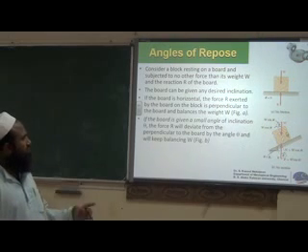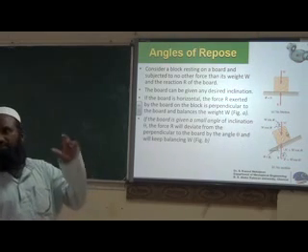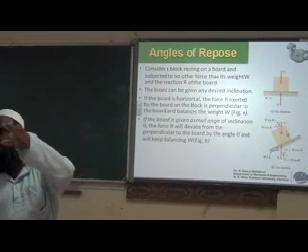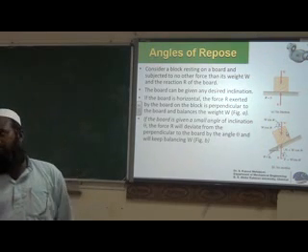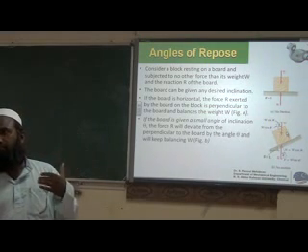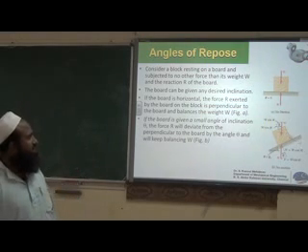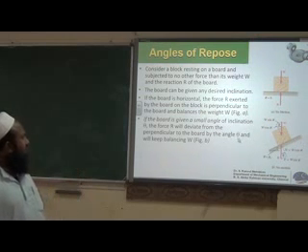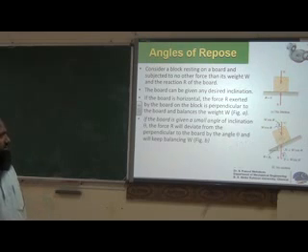If you want the block to remain stationary, what should be the maximum angle? The maximum angle needed to keep the block in position. If the inclination is tilted further, the block will start moving. So this angle theta is called the angle of repose.